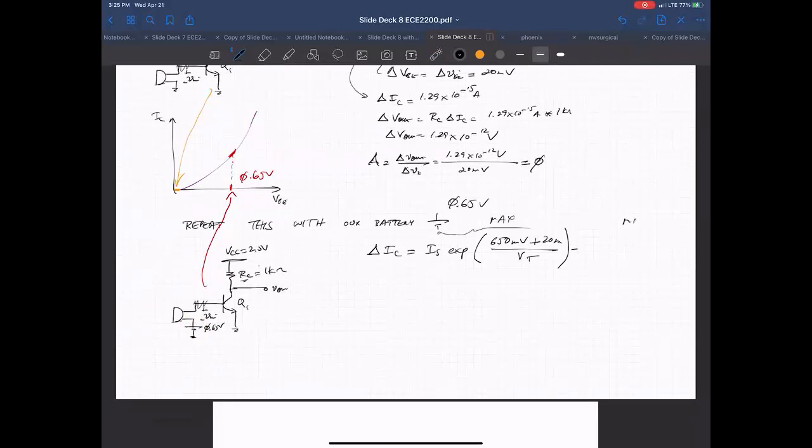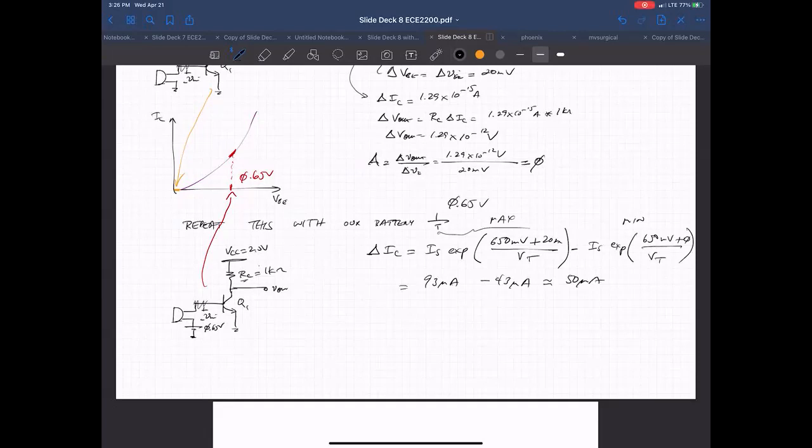And the min is I sub S exponential of 650 millivolts plus 0 over V sub T. So this becomes 93 microamps minus 43 microamps, and that's approximately 50 microamps.